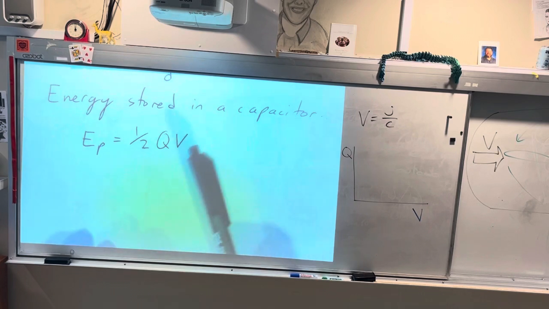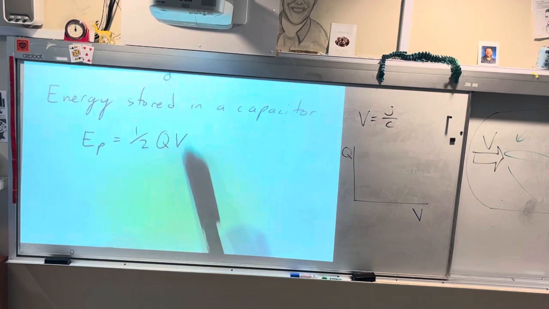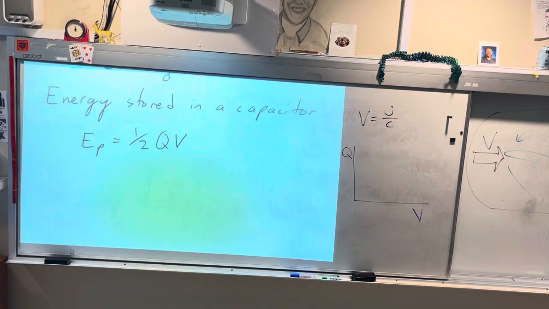So this is a joule per coulomb and this is a coulomb, so you end up with joules, right? But it's half because it doesn't just happen. You have to fill it up at some rate, right?